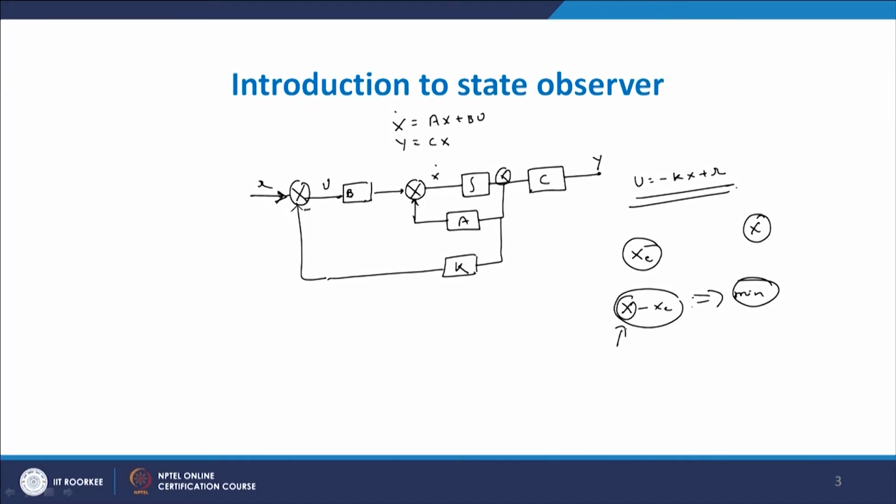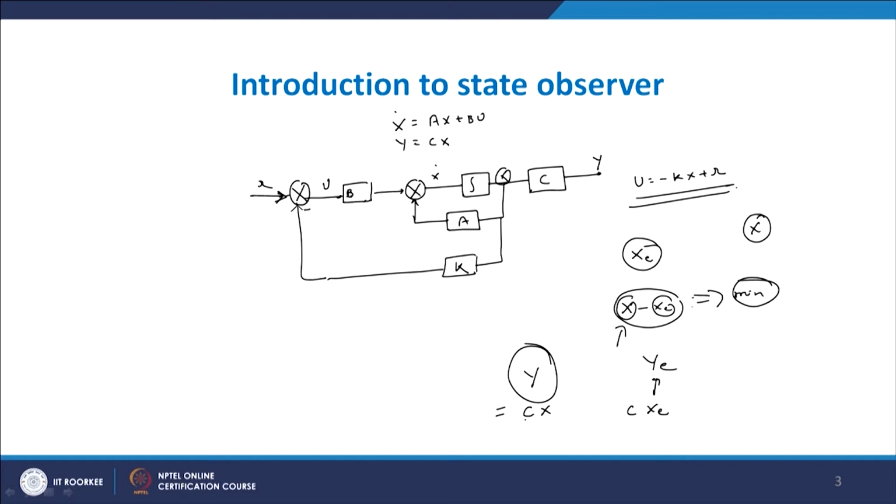Now here the option is that we know the output of the system. Although we do not know the states, we know the output. Similarly, we know the output of the estimated state with respect to xe. Let us say the output is y, and what is y? y equals C into x, and this ye equals C into xe.